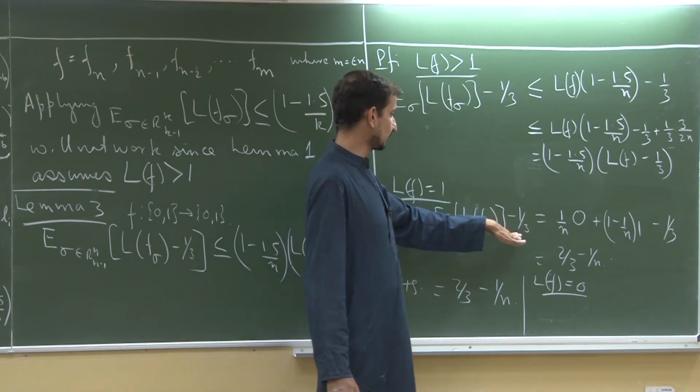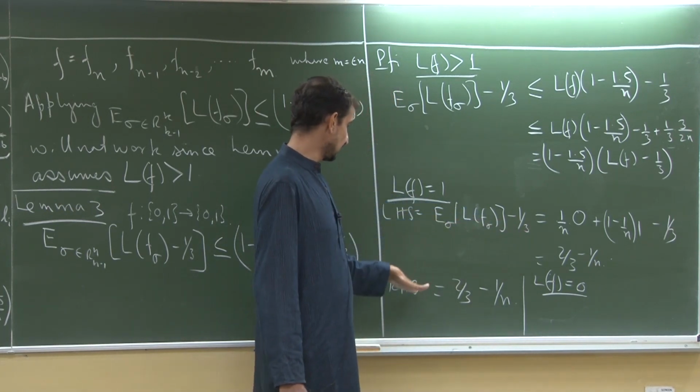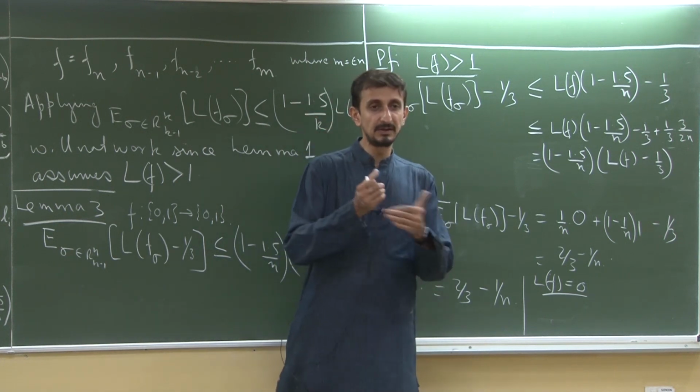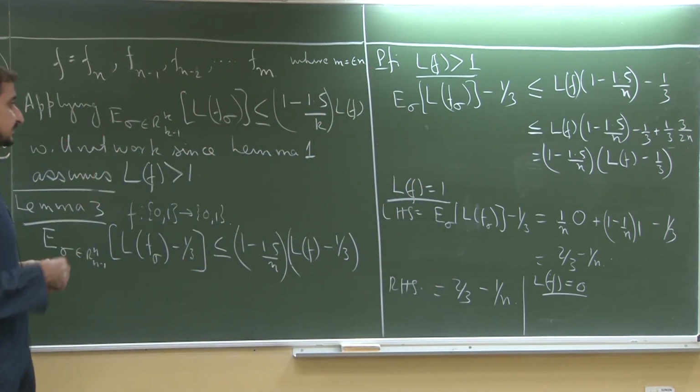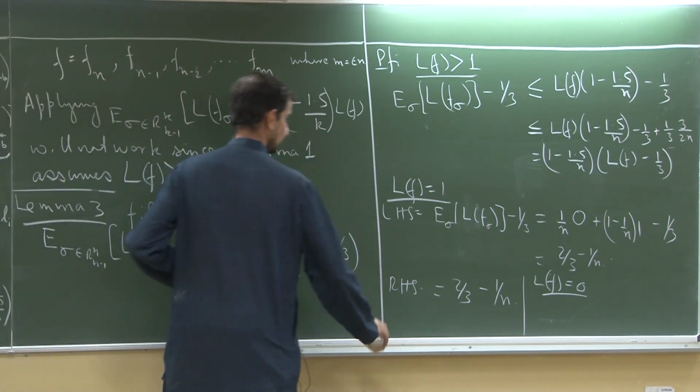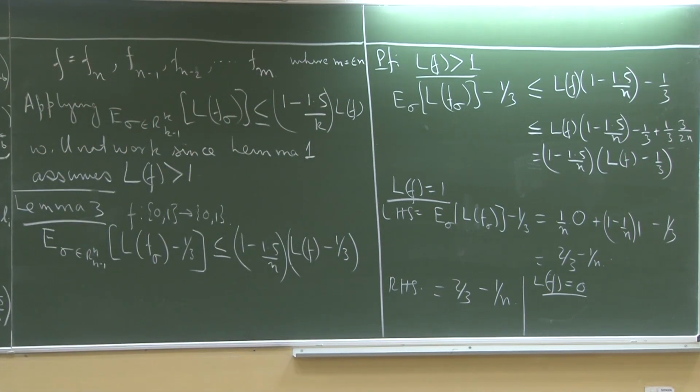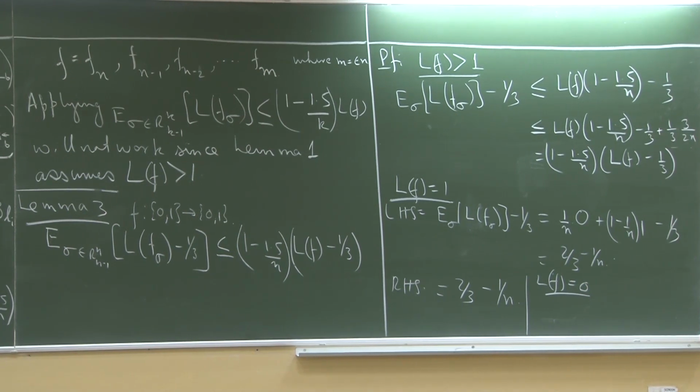So this is 0 minus 1/3, which is minus 1/3. So LHS is minus 1/3, and RHS will be something between minus 1/3 and 0. RHS is greater than LHS. Okay, so that completes the proof of lemma 3.